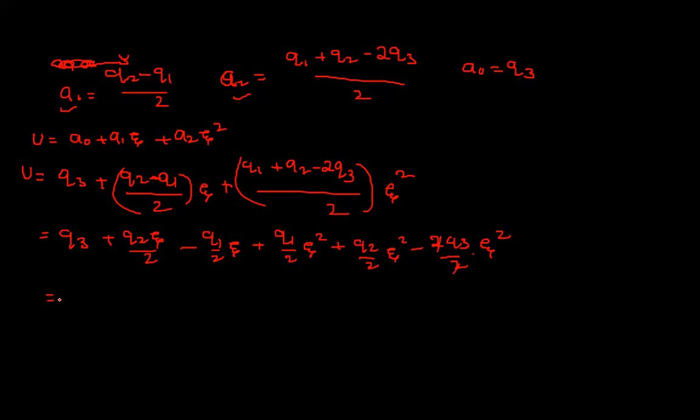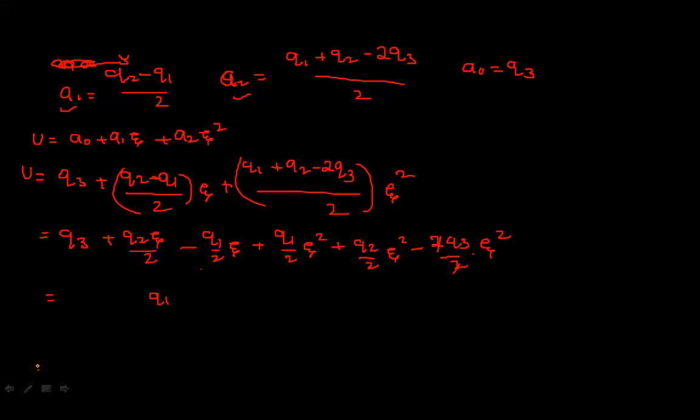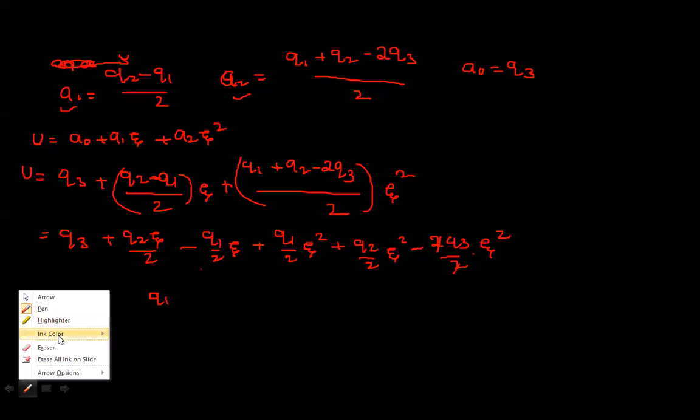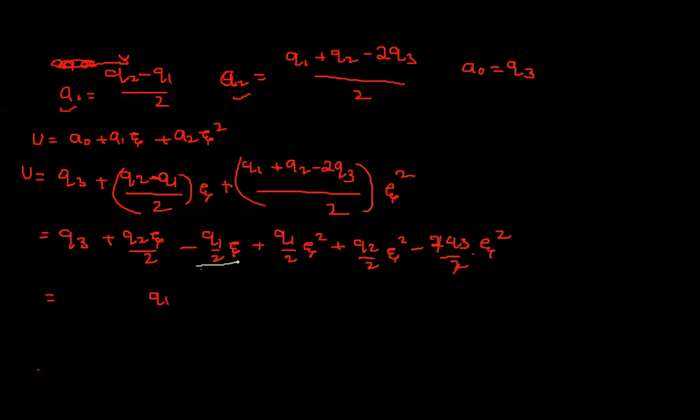Now I would like to separate the q1 terms, q2 terms and q3 terms. Let us first separate the q1 terms. Where are the q1 terms? The q1 terms are minus q1 by 2 times zeta, and q1 by 2 times zeta square.